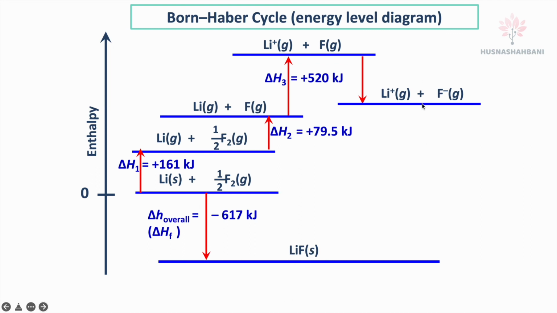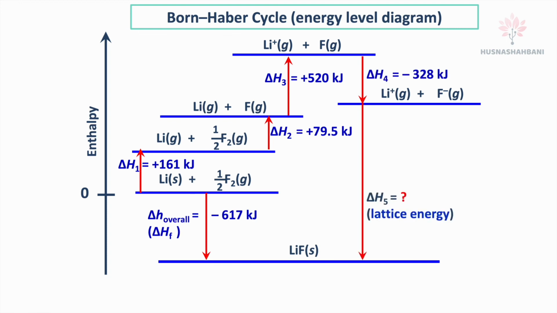So the arrow must point downwards, because for lattice energy, going from gaseous ions to a solid compound is an exothermic reaction. So H5 is the lattice energy, and the arrow is pointing downwards.